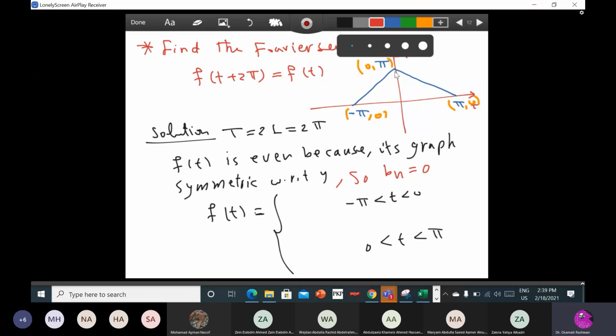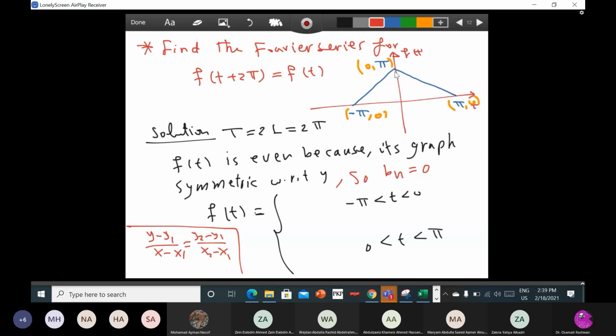What is the line equation? y minus y1 over x minus x1 equal to y2 minus y1 over x2 minus x1. So please use the line equation using 2 points and give me the equation of the left and the right hand side.